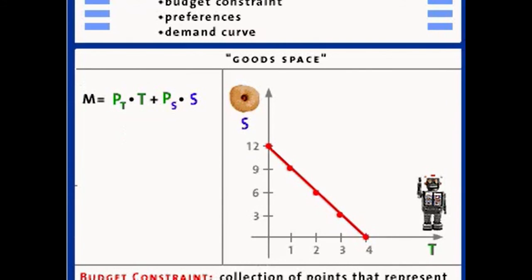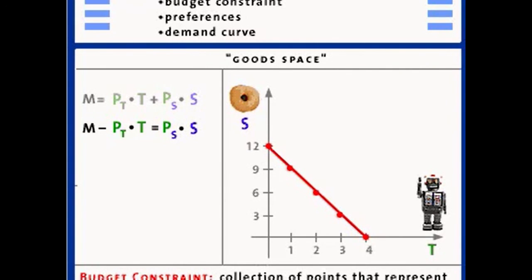The first thing that we'll do is move toys to the other side of the equation. M minus the spending that you do on toys is equal to the amount of money that's left to spend on snacks. Now, divide both sides of this equation by the price of snacks, and I'm also going to move snacks to the other side of the equal sign, and I get this.